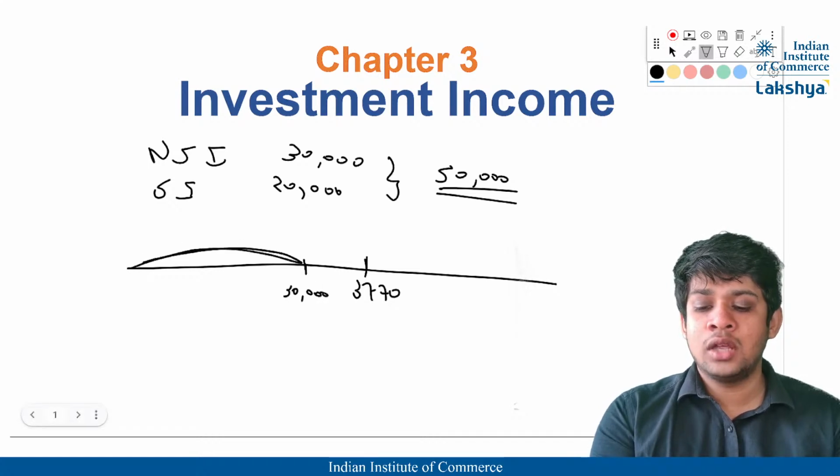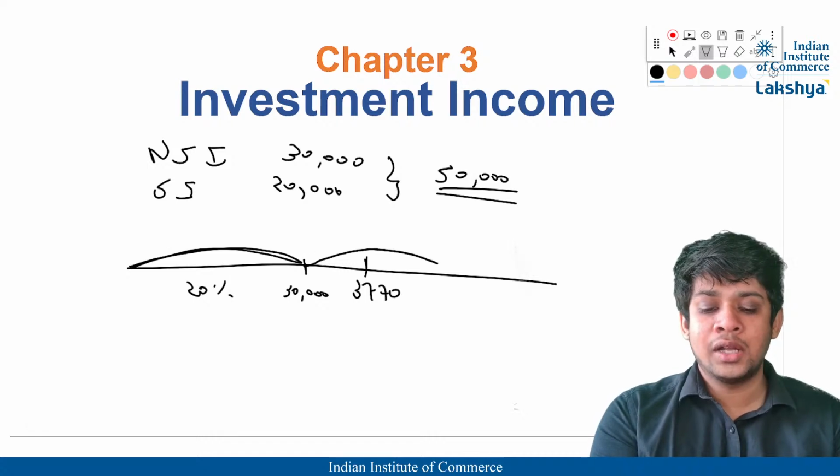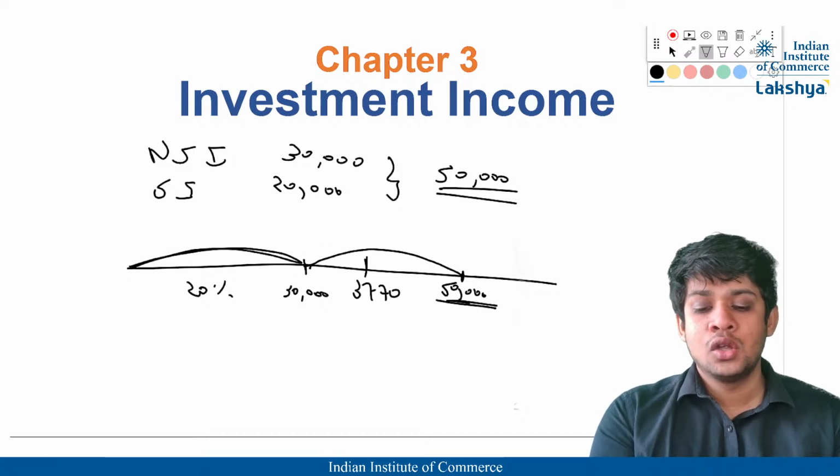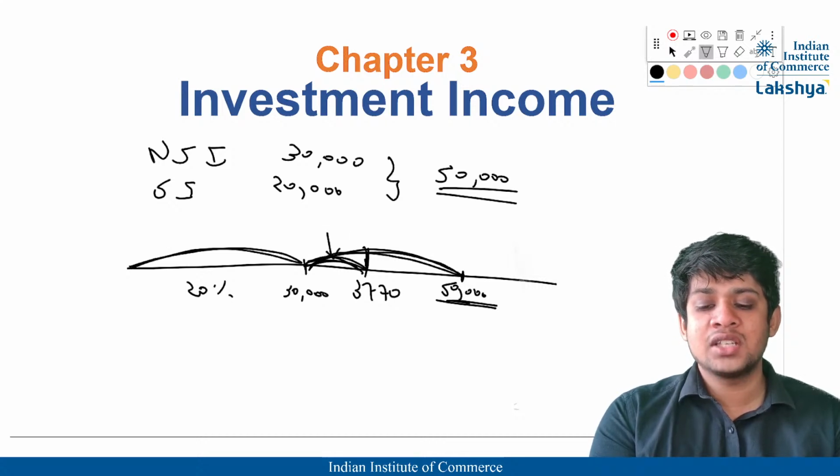On this value he will be charged 20% tax, but from here to another 20,000, that will end up at 50,000 here. So this is my savings income. You can see here some part of the savings income will be charged at the basic rate band, and some part of the other savings income will be charged at higher rate band.